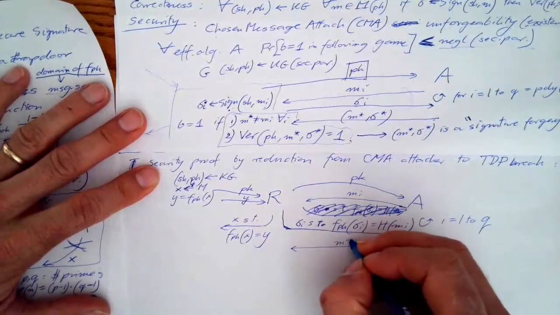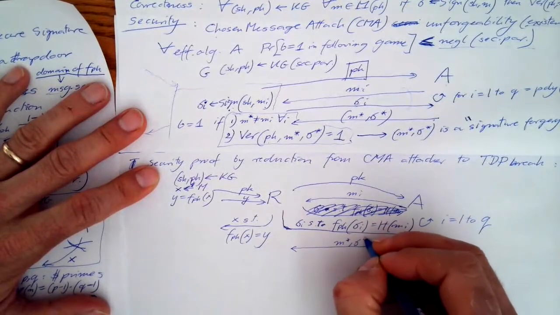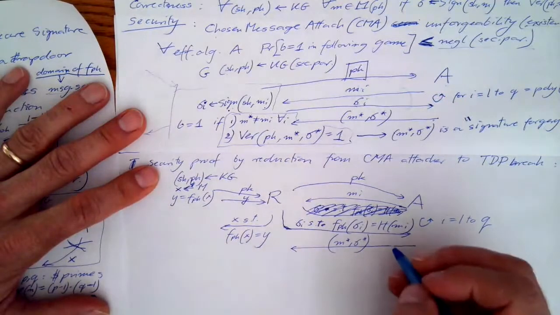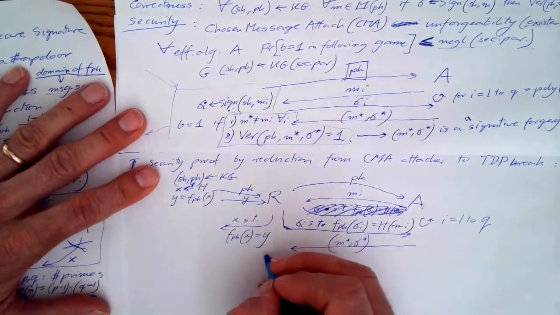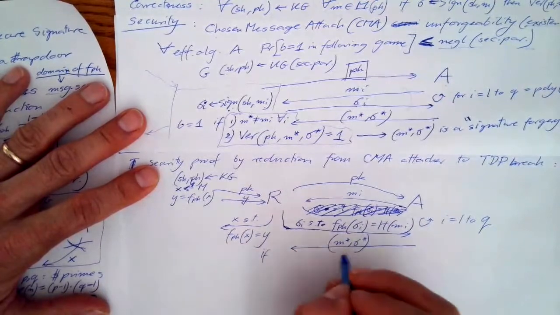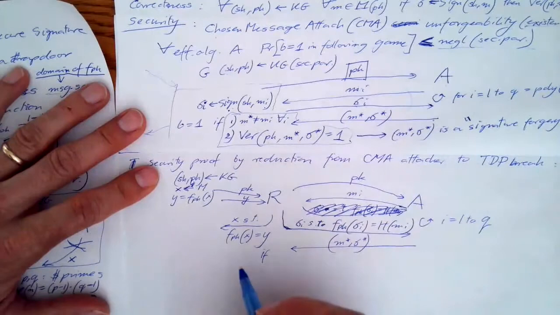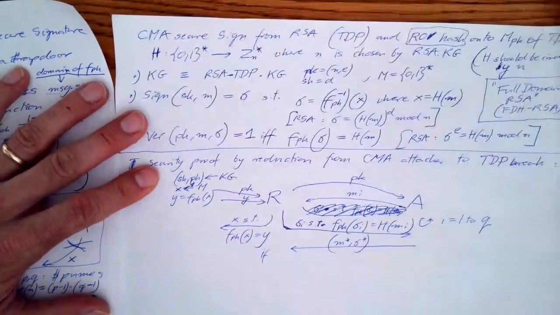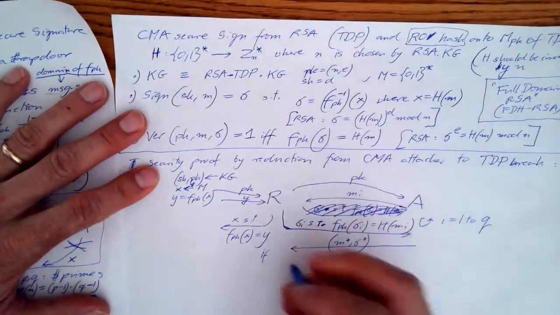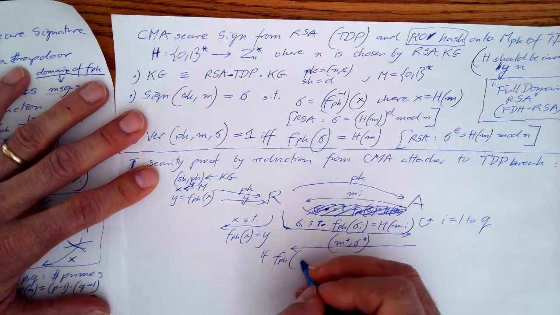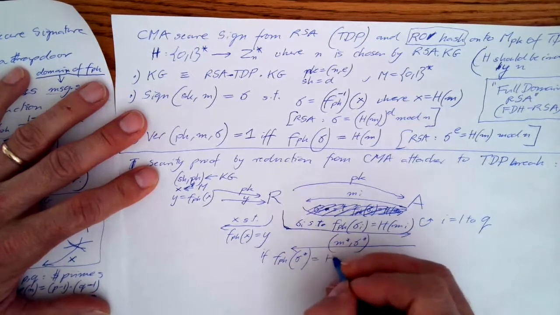Finally, the attacker creates M star, sigma star, and let's say that he is successful. So if he is successful, meaning that the verification works, well, what does it mean that verification works? F_PK applied to sigma star must be hash of M star.